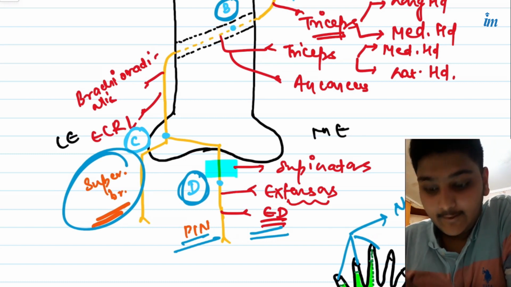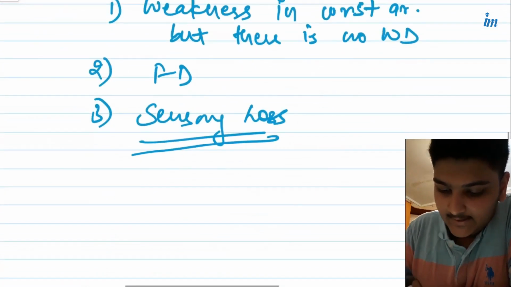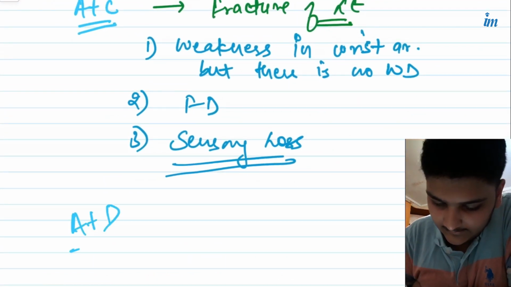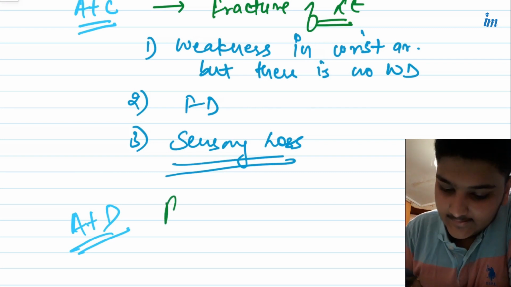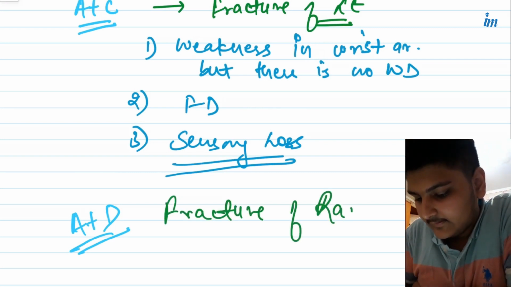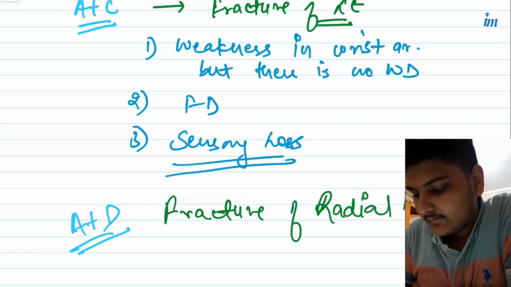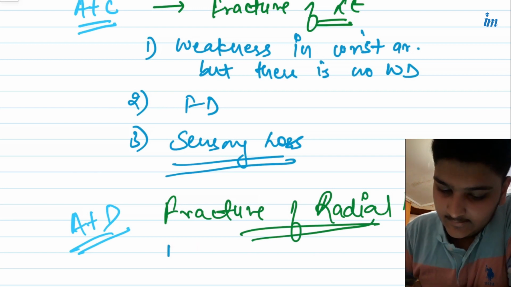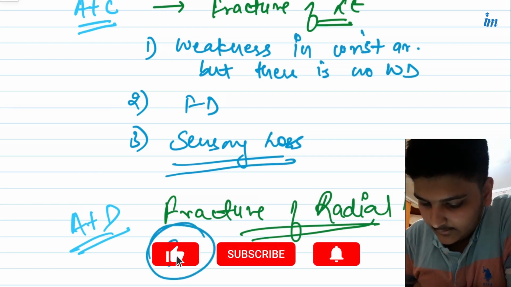There will be only finger drop. So at point D, say there is fracture of the radial head, there will be only finger drop.